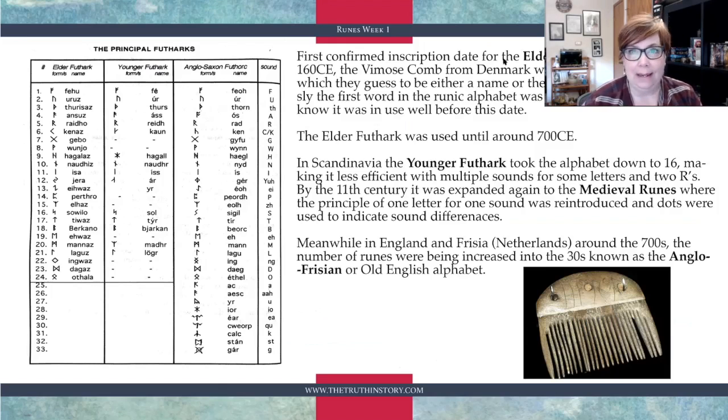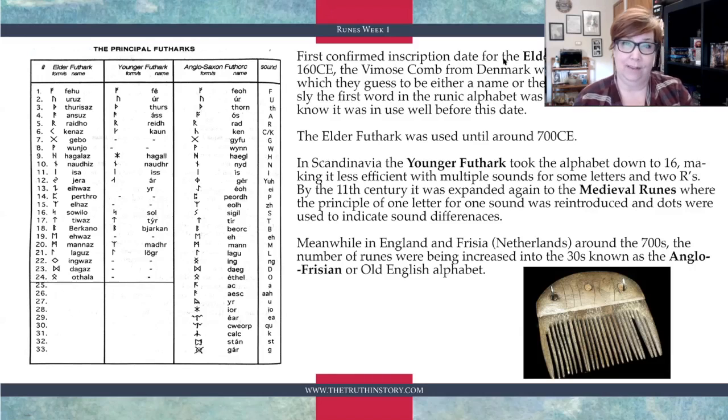Now, as with anything, just because this is what we have left, it's a comb. Here's an image of it over here, and it's a physical thing that could survive that long, right? That does not mean that the use of runes started in 160. We know it was being used, and that means there are probably a lot of pieces of leather, even wood, these types of things that are going to break down, and we're not going to have them.